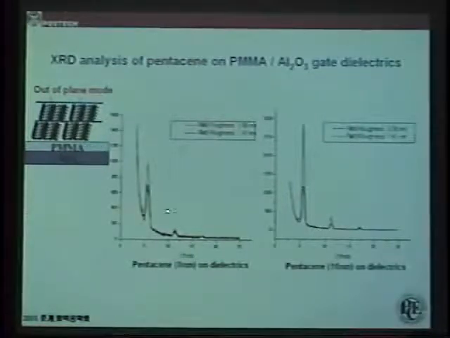The red one is a rough surface. With the smoother surface, we have a well-aligned layer-by-layer structure. This thicker one shows the same thing. So in other words, if the roughness is smaller, then we have a well-aligned layer-by-layer structure.